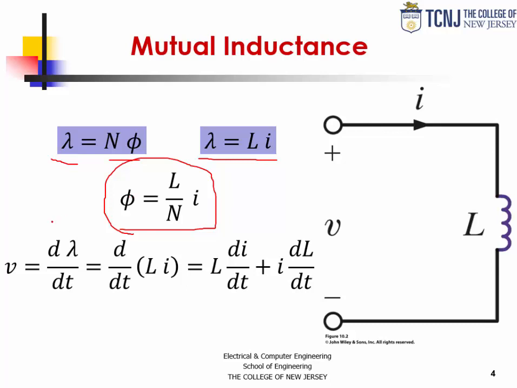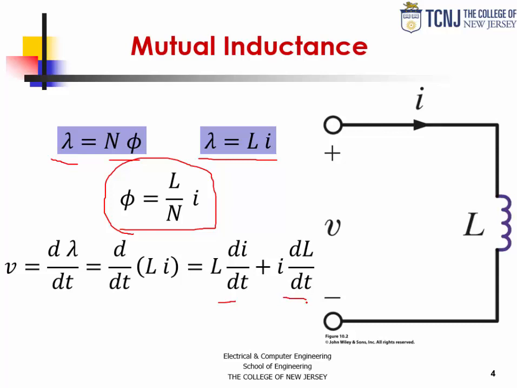We also know from physics that the voltage induced in an inductor is the time derivative of that total magnetic linkage. And since we already established that the magnetic linkage was equal to the inductance times the current, then differentiating the product of the inductance and the current, we get that the voltage is equal to the inductance times the time derivative of the current plus the current times the time derivative of the inductance.